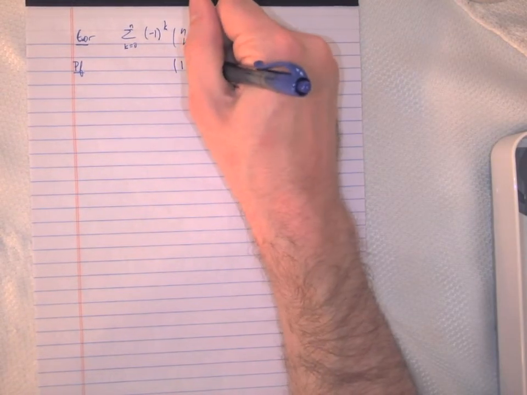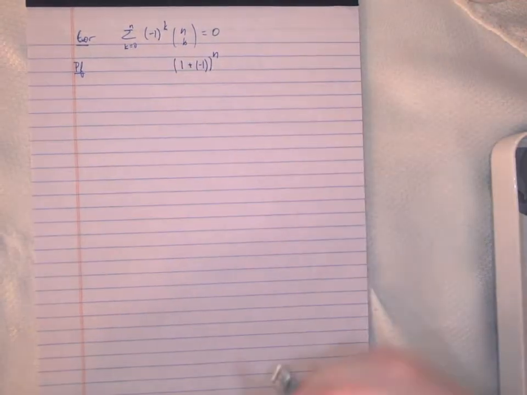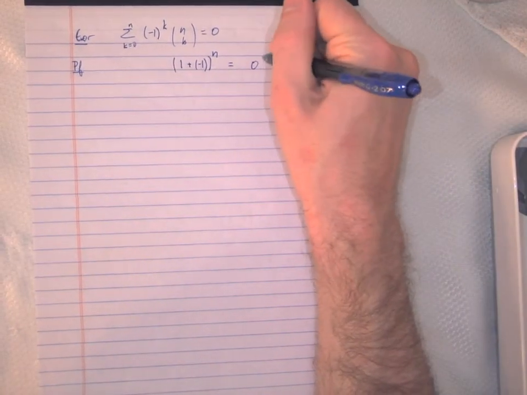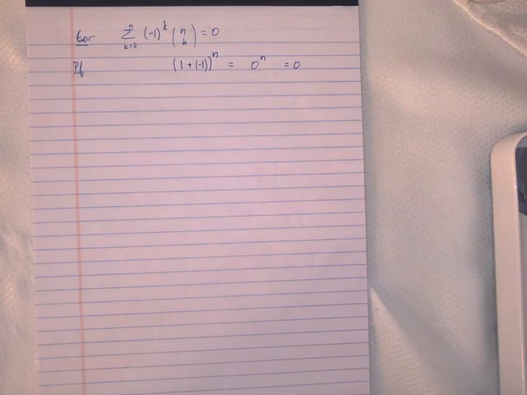Well, (1 + (-1))^n, on one hand, is equal to 0^n, which is equal to 0, because n is some positive integer.